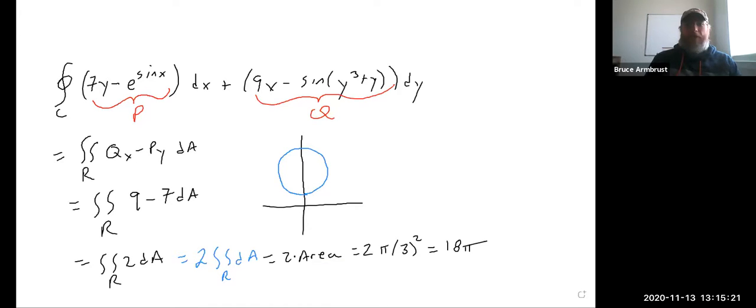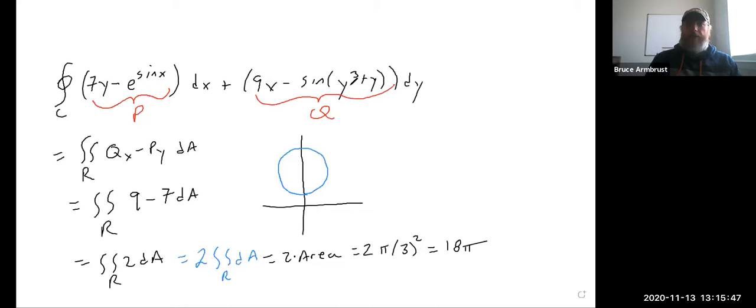Think about what we ended up having to do once we did Green's theorem. Yeah, we had to take some derivatives, but they were easy derivatives. And then the integral, you don't even have to integrate. That doesn't always happen, but when it does, it's crazy fast.